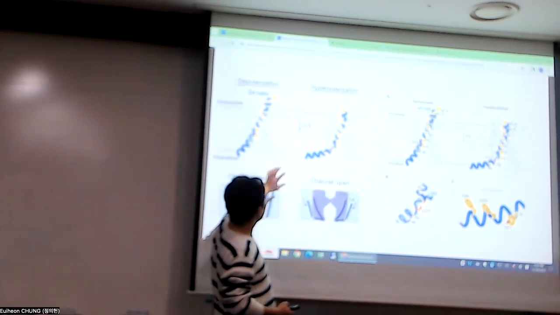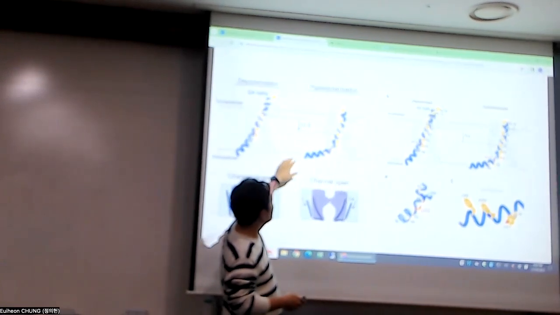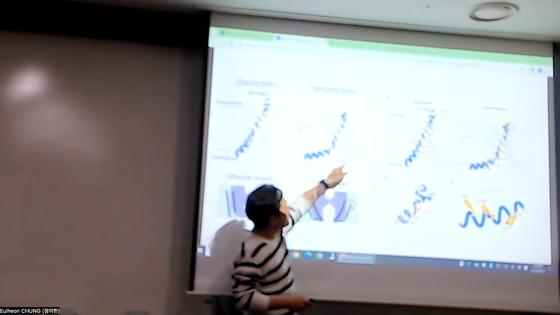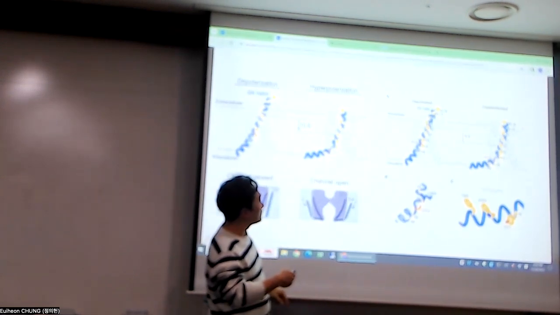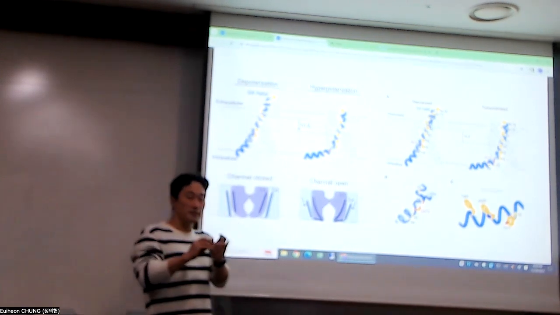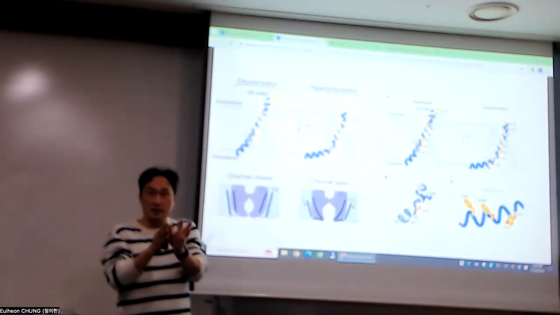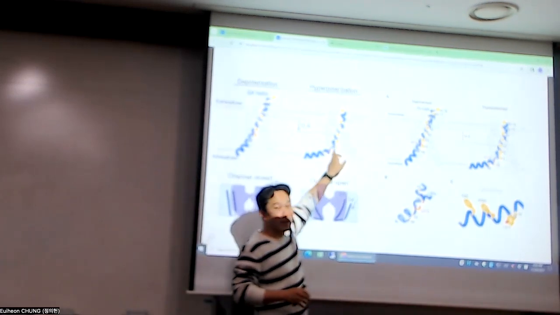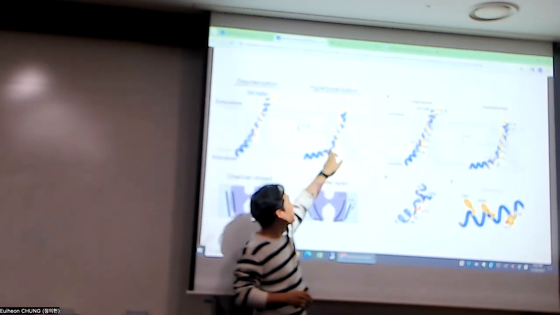In the case of hyperpolarization, this region is thin, a little bit less bulky. There's a bend in this region.